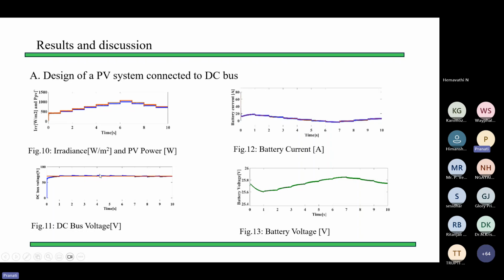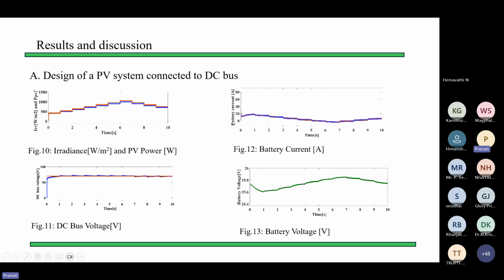It is changing at different places. For any change of the irradiance, our DC bus voltage is constant, which is maintained at 70 volt. This I'll show you from the simulation. It is always maintained at 70 volt, irrespective of the change in the irradiance.